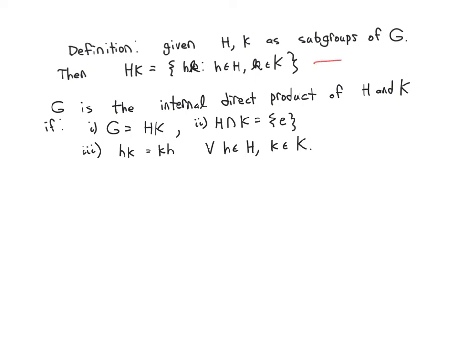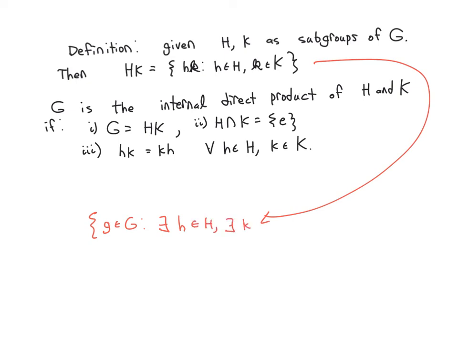So how I think about this, and the right way to think about this, is that these are all elements in G that have the property that there exists a factorization of g where the first factor lies in the first subgroup and the second factor lies in the second subgroup.